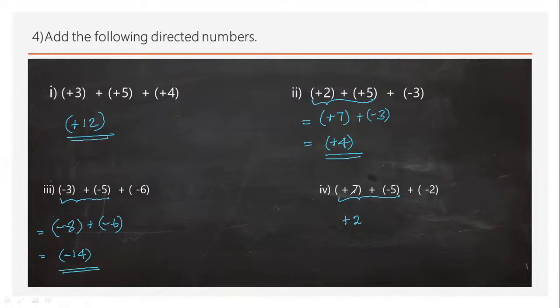Right? Then what remains is plus 2 plus minus 2. When different signs are simplified, what is the answer here? Zero. Plus 2 plus minus 2, the answer is 0 here.